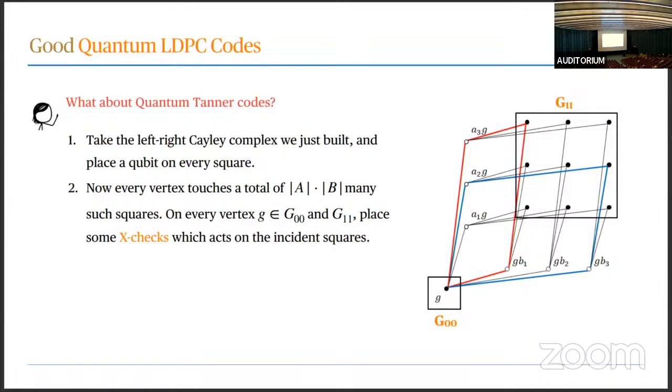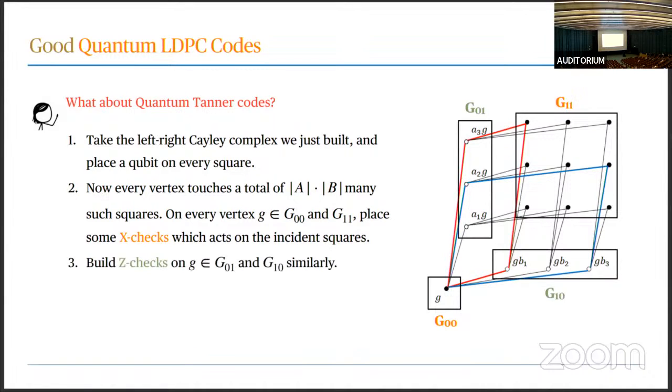I have not told you how you construct these checks, but I have told you that these checks are restricted to the local neighborhood, that it doesn't touch the local neighborhoods of other vertices G. Similarly, you will build Z checks on these two sets of the group G. You will look at the vertices in here, you look at their local neighborhoods and build Z checks restricted to those qubits. Hiding a lot of details here, but you just built your own asymptotically good code. It's really nice. It has a lot of amazing properties, and it's actually the easiest to work with among the asymptotically good codes that we know.